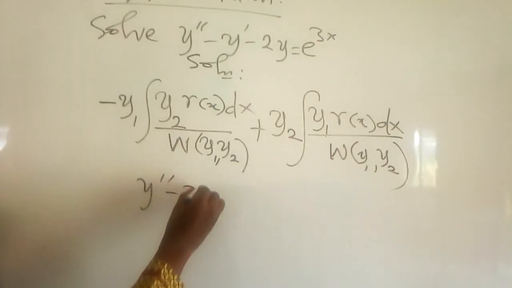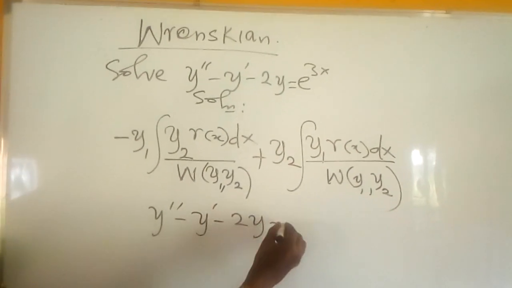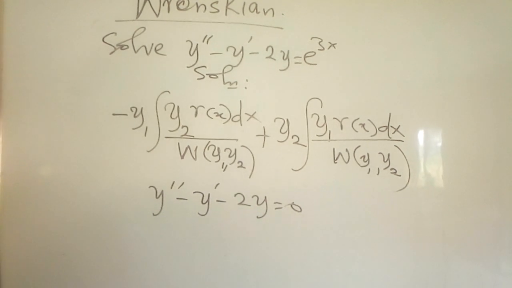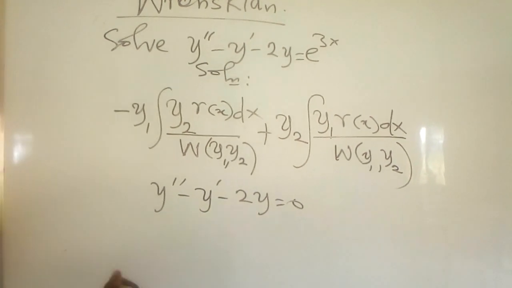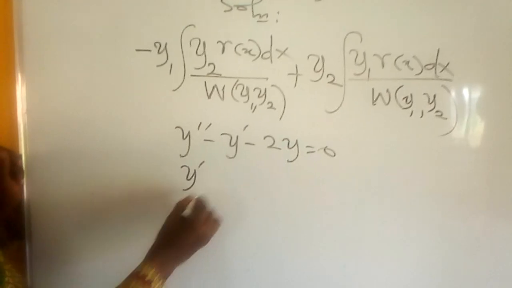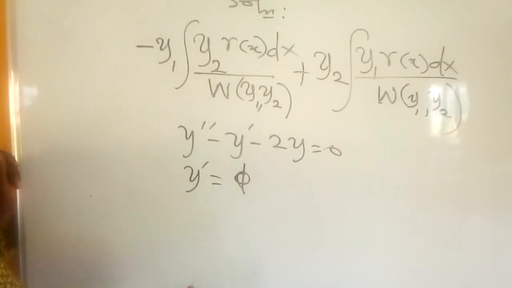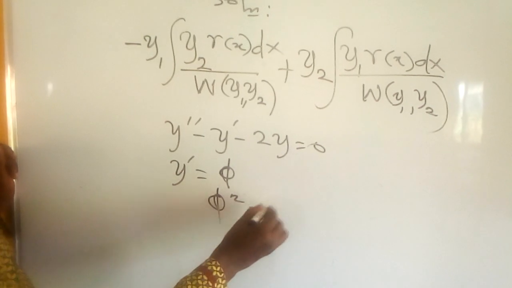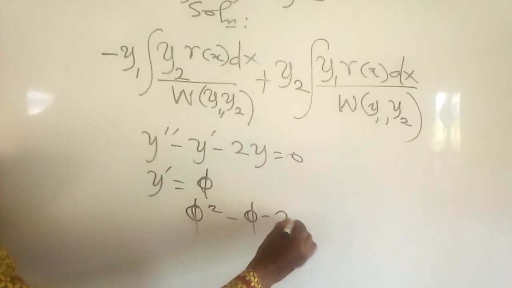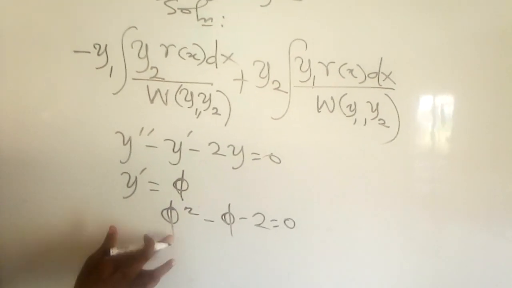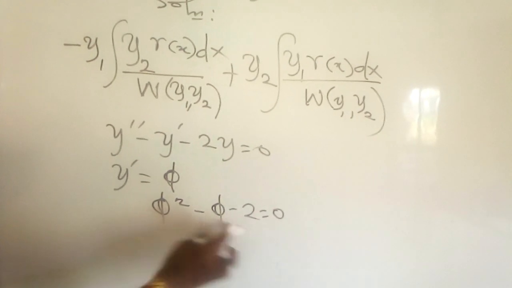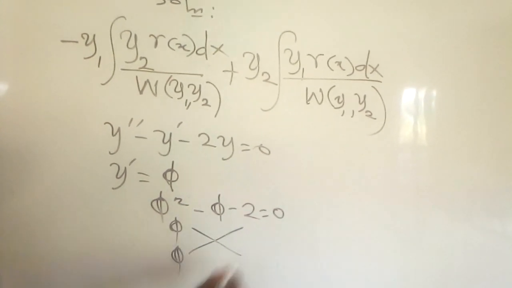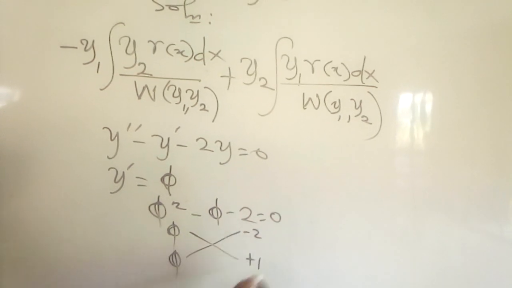y'' - y' - 2y = 0. This is the homogeneous part of the equation. Now we solve it by using the auxiliary equation. Let y' equal m, for example, as an assumption. So we get the auxiliary equation as m^2 - m - 2 = 0. By the method of factorization, we get (m - 2)(m + 1) = 0.